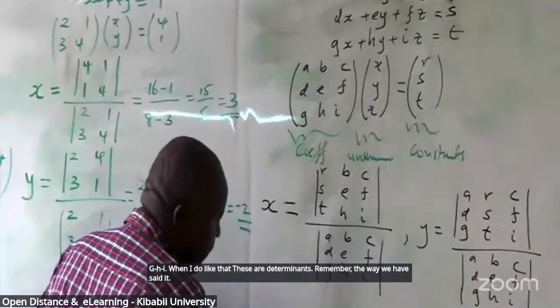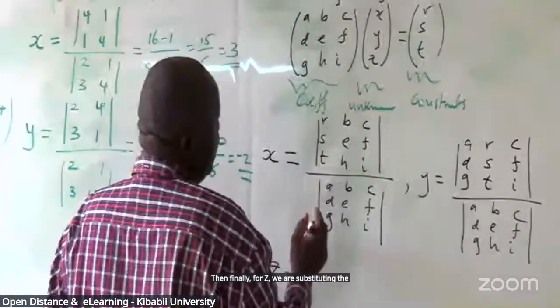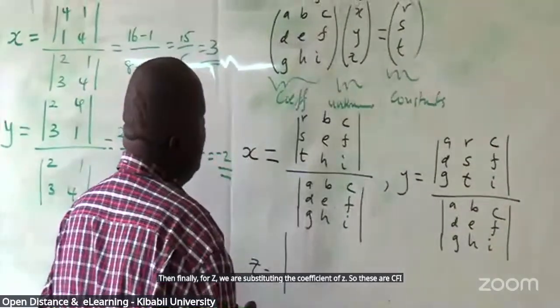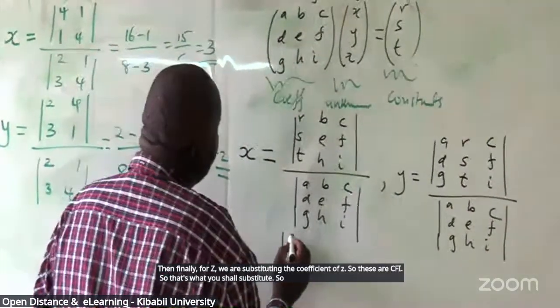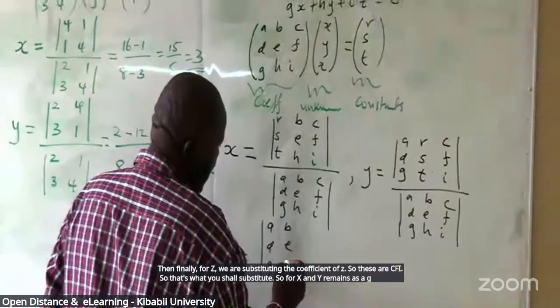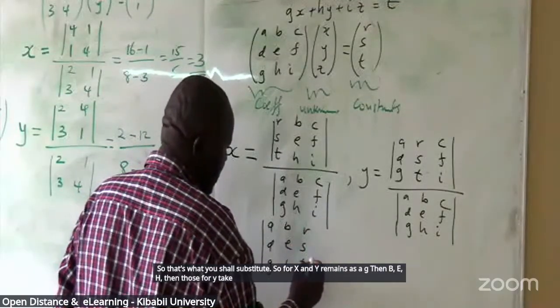When I do like that, these are determinants, remember the way we had said. Then finally, for z, we are substituting the coefficient of z. So for x and y remains as a, b, g, then b, e, h. Then those for z take r, s, t.